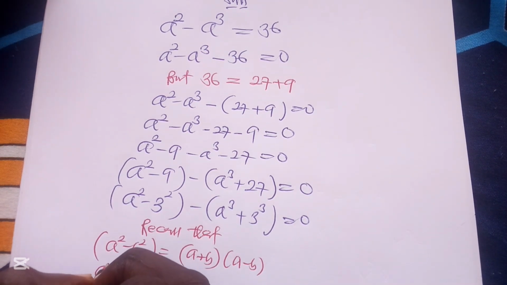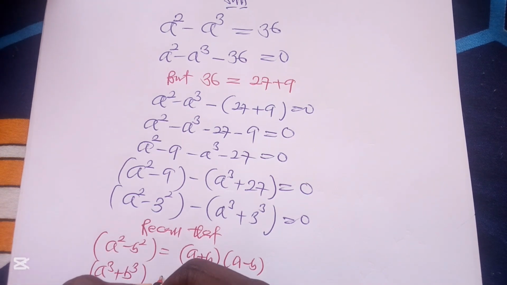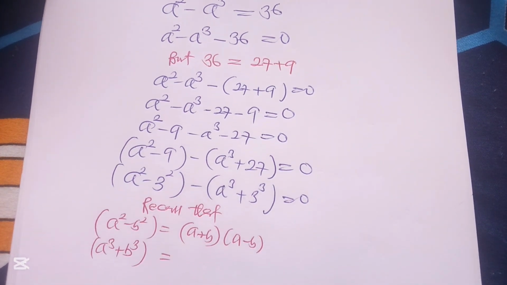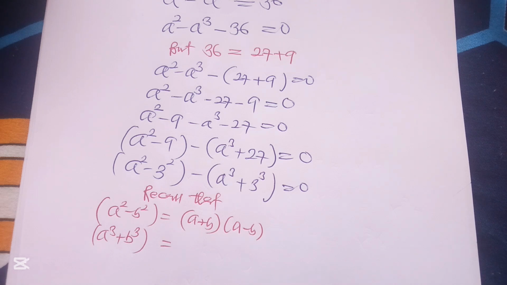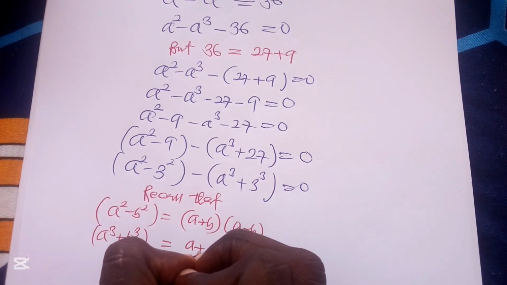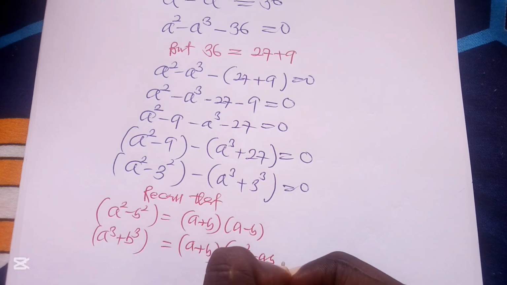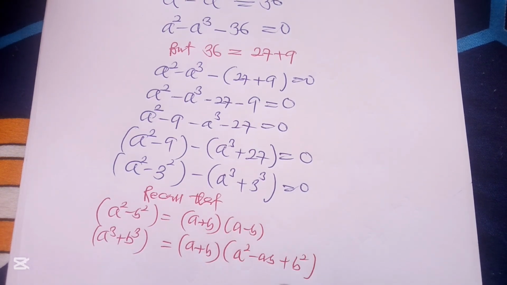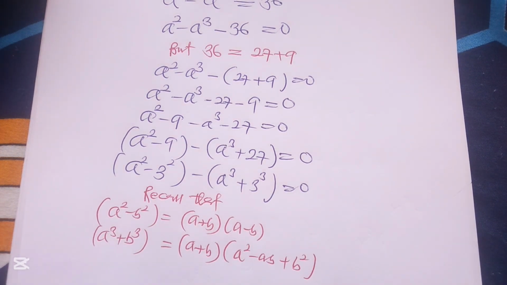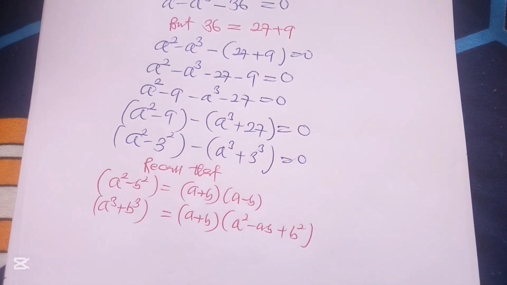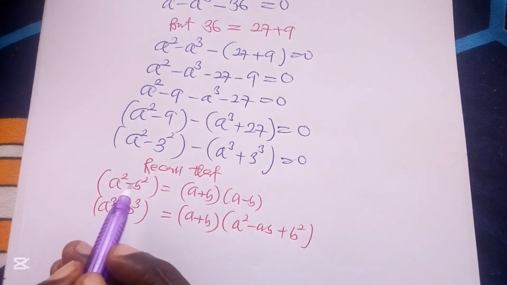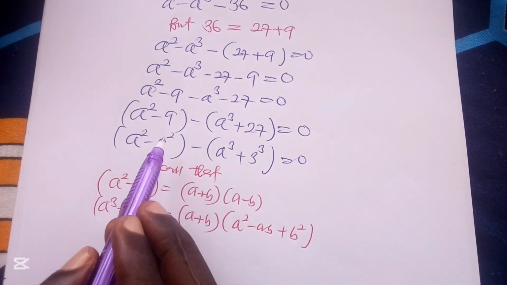Similarly, having a raised to the power 3 plus b raised to the power 3, this equals a plus b into a square minus ab plus b square. So this is what we are coming to do. We just need to substitute right away.